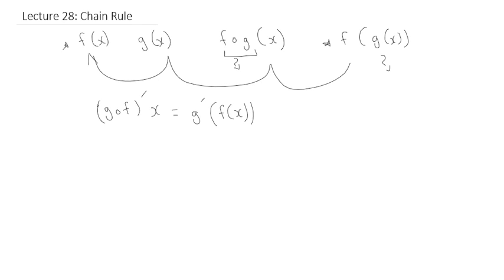We differentiate g first, and g prime is going to contain f of x. After we're done with that, we differentiate whatever is inside, f dash of x. That's the underlying chain rule that can be applied to any particular situation. It's known as a chain rule because of the obvious thing that's happening here.